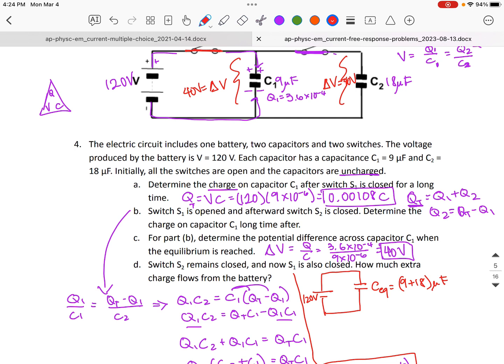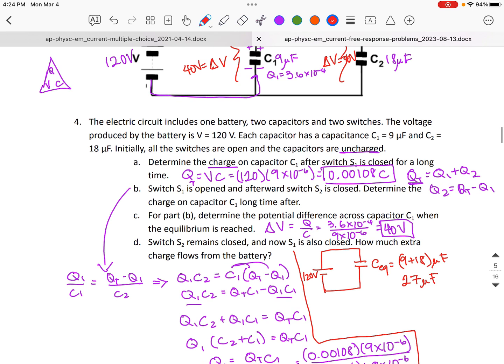So that gives me 27 microfarads. The charge for this is equal to voltage times capacitance, and I end up with a charge equal to 0.00324 coulombs. Now that's not my final answer.